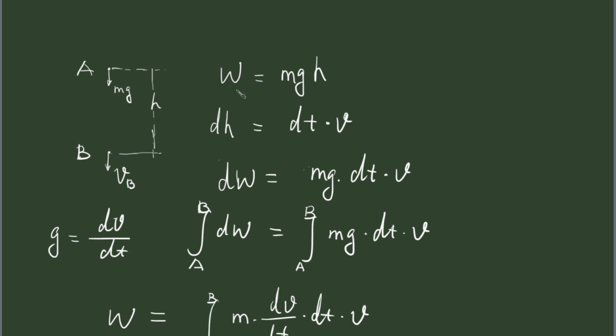Okay, and W, the work done by the gravitational force, is mgh. Mg is the gravitational force, h is the height.